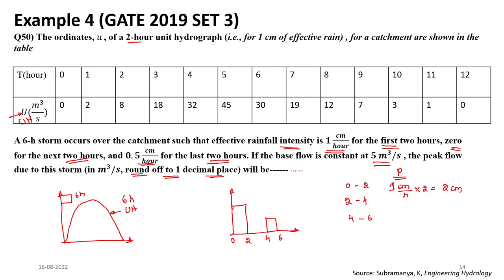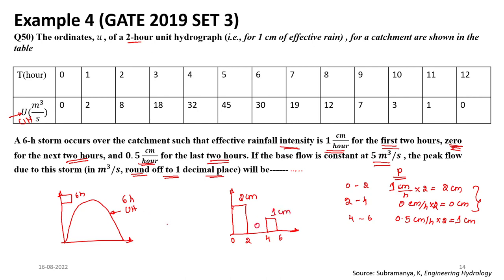Between 2 to 4 hours, they mentioned 0, so 0 centimeter per hour into 2 will be 0 centimeter. And for the next 2 hours, it will be 0.5 centimeter per hour into 2, sorry, into 2 hours, it will be 1 centimeter. So these are the excess rainfall depths for this complex storm: 2 centimeter, 0 centimeter and 1 centimeter.